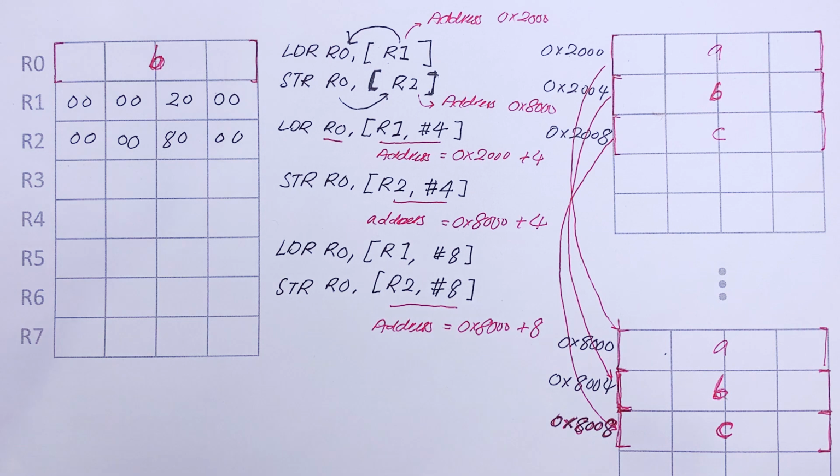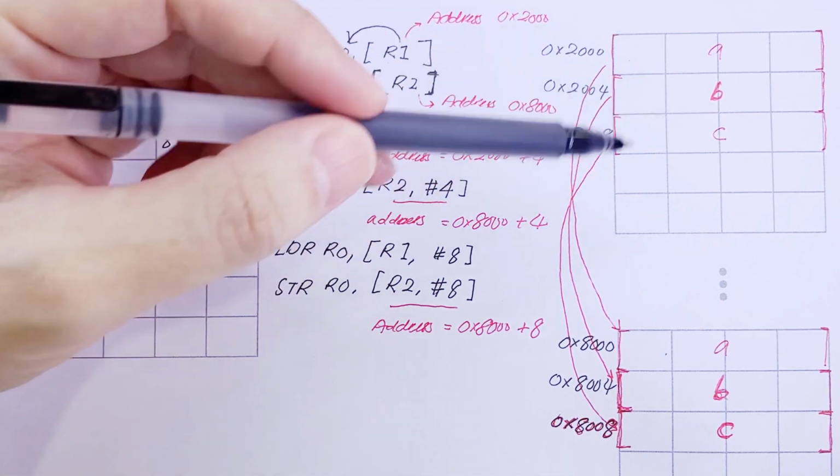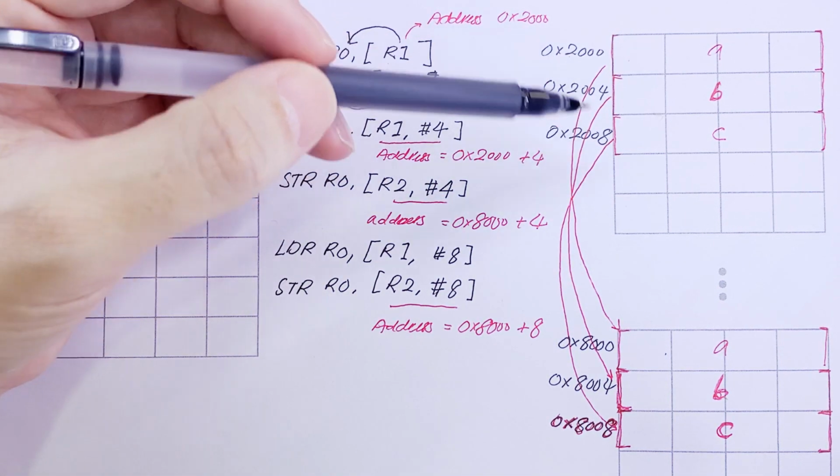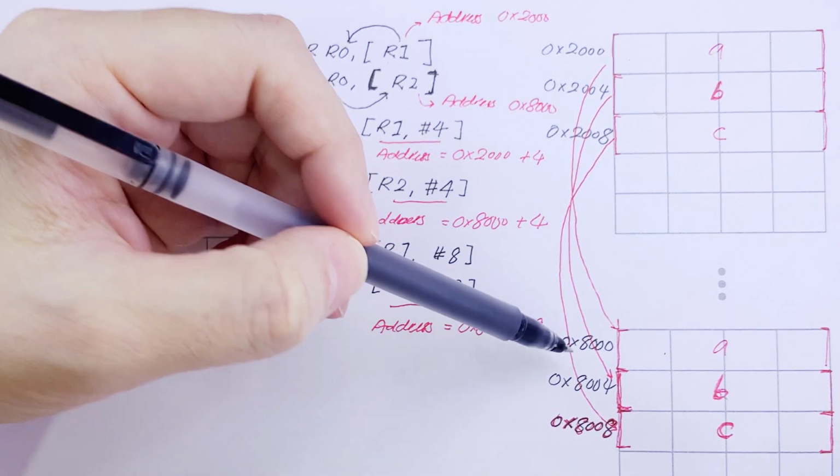In our previous video, we did an example to copy three words A, B, and C from the location of 2000 to the location of 8000 in the memory.